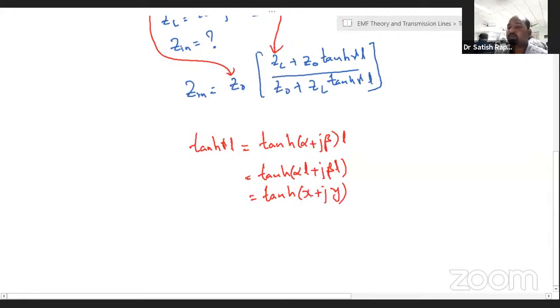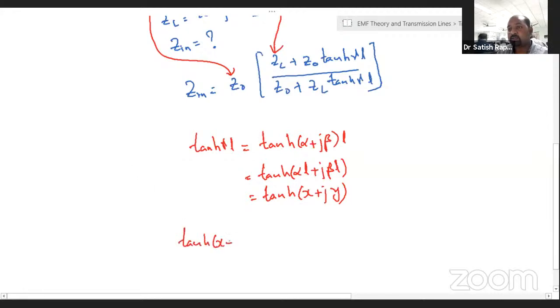So if you want to do the problem, you need to know the expansion of tanh gamma L. Without knowing what tanh gamma L is, you cannot complete the problem. So I will give you the expression, then you can do it.